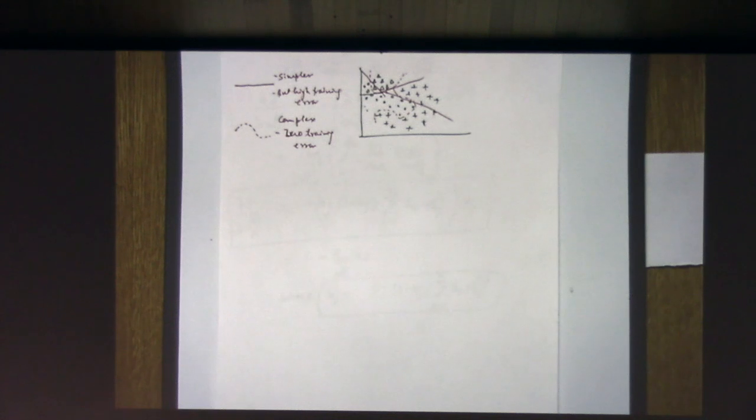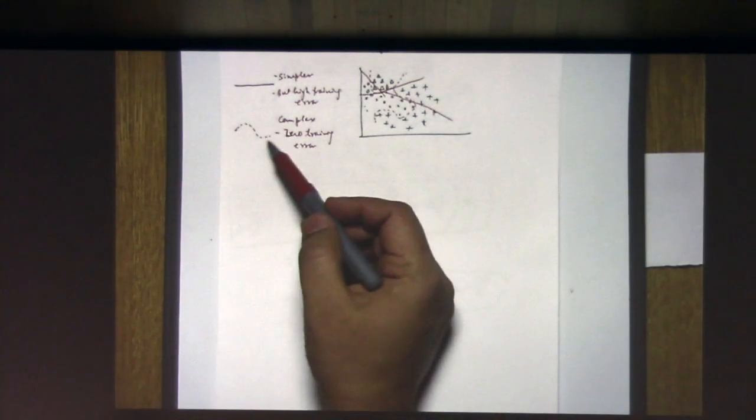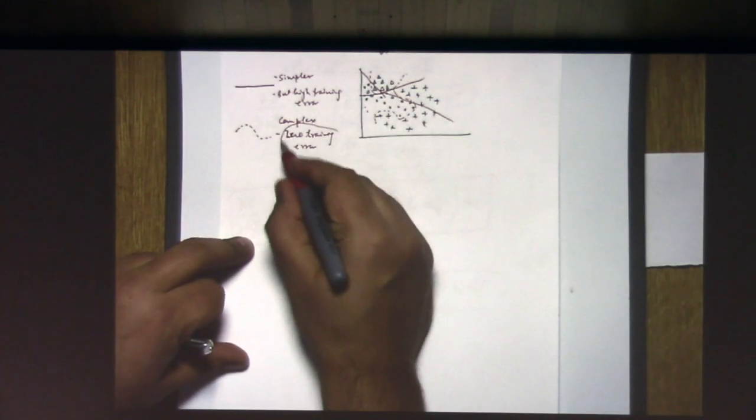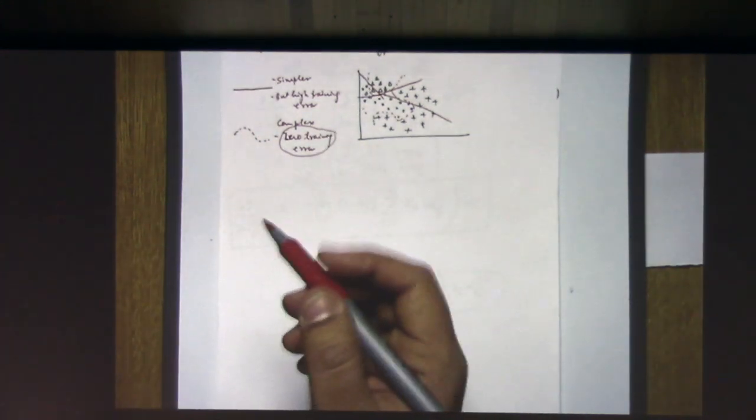If your objective was to minimize your training error, then you would have chosen this one. But what you really want is a classifier or a neural network which would do well in the future, when you're testing it on unseen data. Which means that maybe zero training error is not what you want.